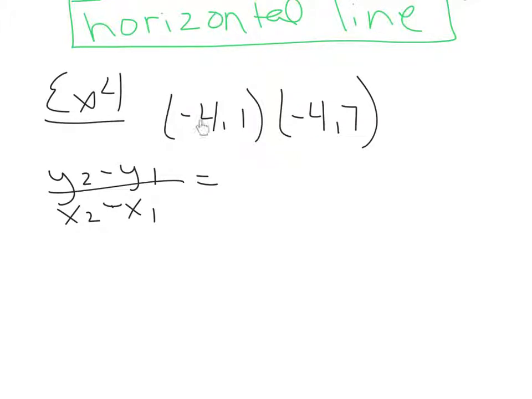So again, this is x1, y1, x2, y2. So y2 minus y1 will be 7 minus 1. And x2 minus x1 will be negative 4 minus negative 4.